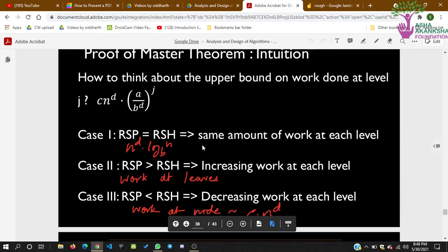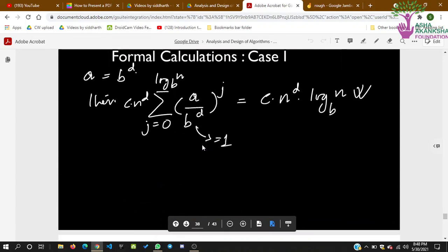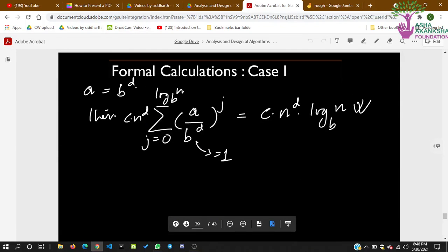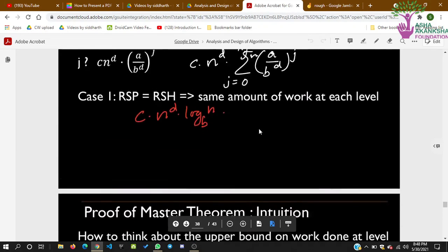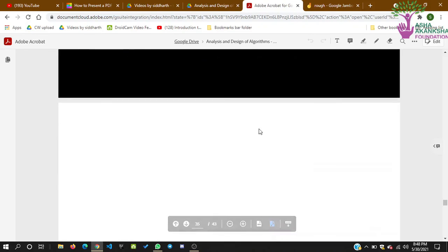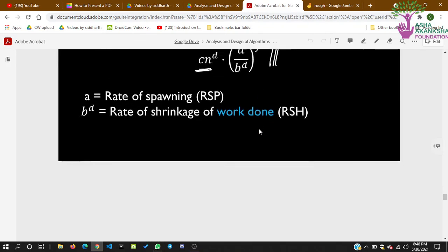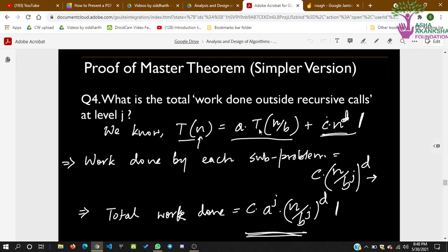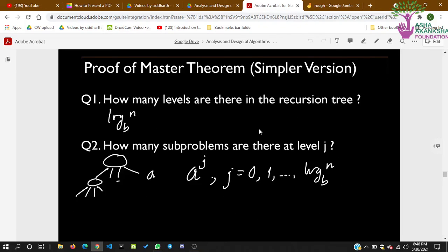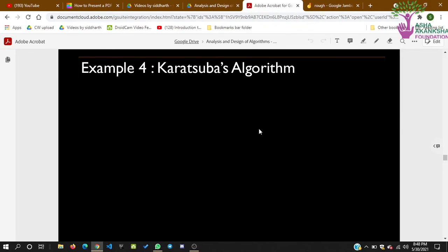Now, what did these formal calculations give us? For RSP equal to RSH, we got this summation is equal to this. Now, what was this summation? It was the total amount of work being done. So the total amount of work being done is dependent upon the time complexity, and hence we can just compare it with the given formula.